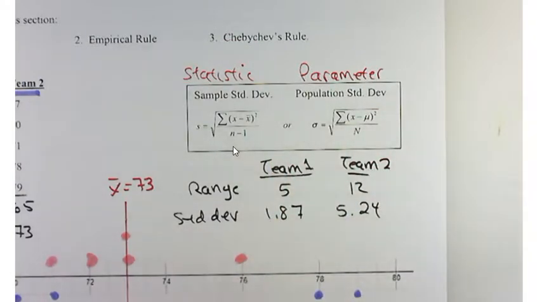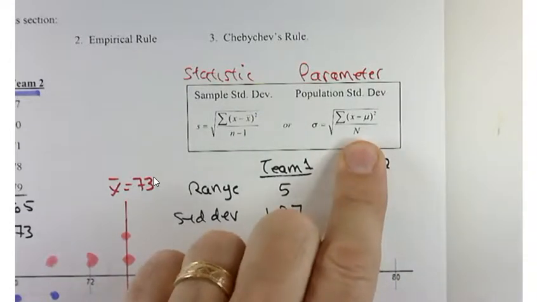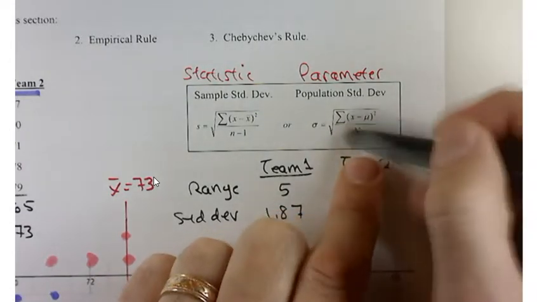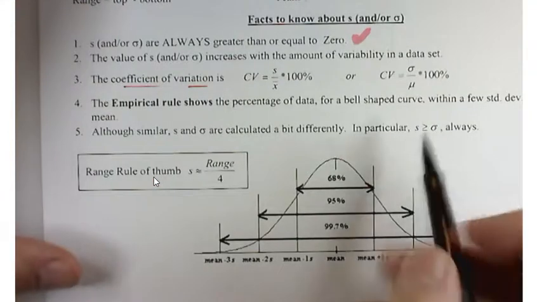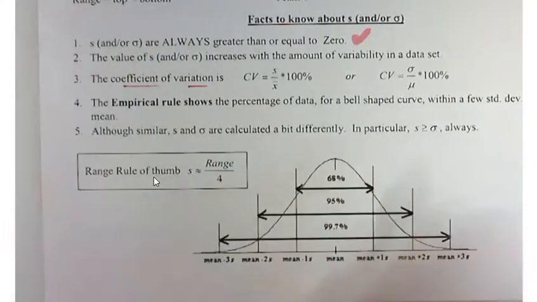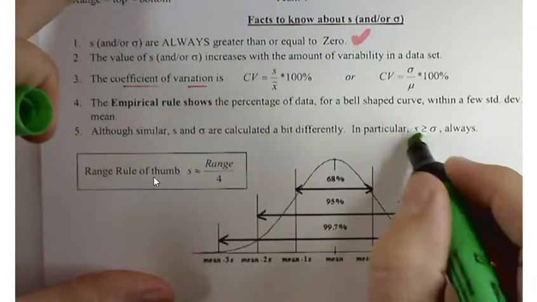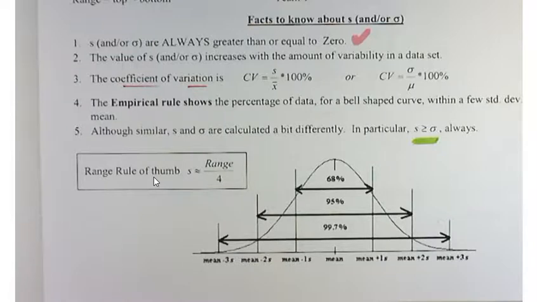So that's a little bit of a difference in your calculation. By dividing by a bigger number, that's going to make this quotient smaller. And the sample standard deviation is always, always, always going to be bigger than the population standard deviation. The only time that they're actually going to be equal is if the standard deviation was 0 for both of them. That's the only time they're going to be equal.